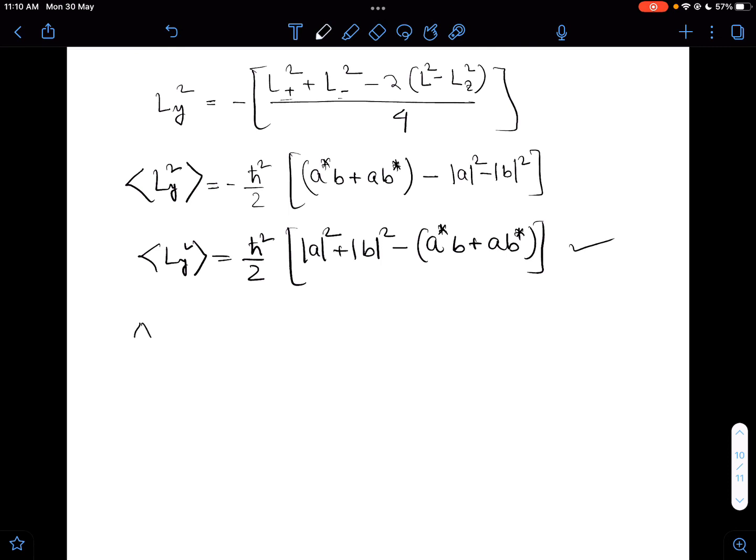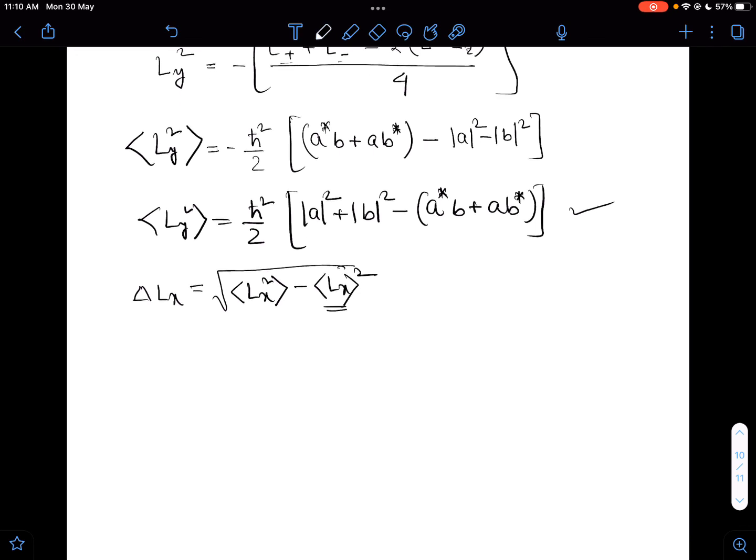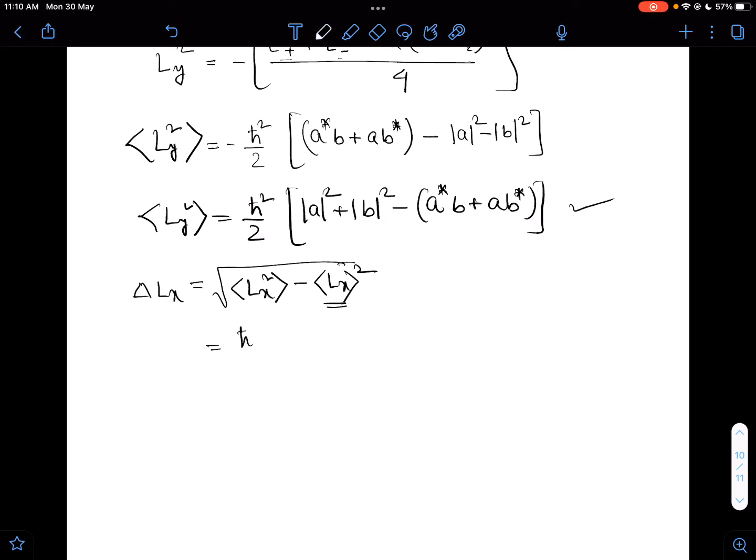So what is the uncertainty in Lx? It will be the Lx² expectation minus the Lx expectation squared. This is 0, so this term will give us ħ/√2 times the square root of (a² plus b² plus a*b plus ab*).